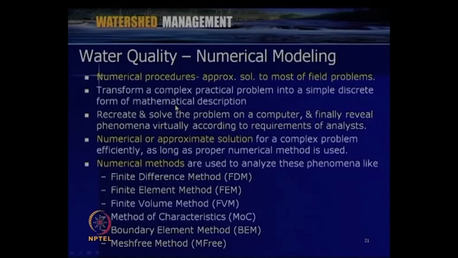There are a number of numerical methods available. Over the last few decades, with the advancement in computer technology, a number of techniques have been developed, like the finite difference method, finite element method, finite volume method, method of characteristics, boundary element method and mesh free methods. Depending upon what type of process we are trying to model, or what kind of contaminant we are trying to model within the aquatic environment, either surface water or groundwater, we can choose specified models and technology.